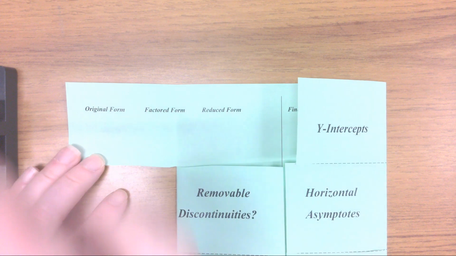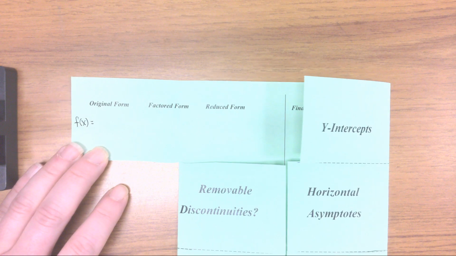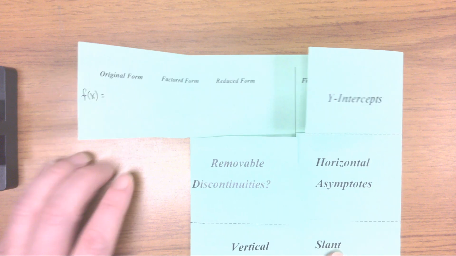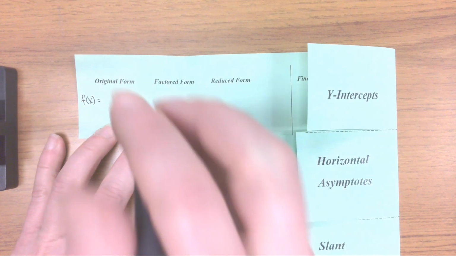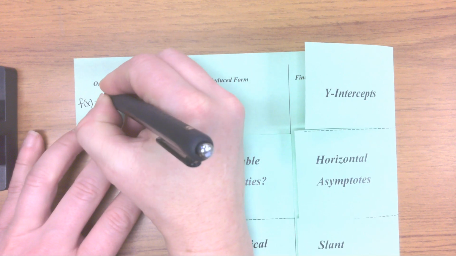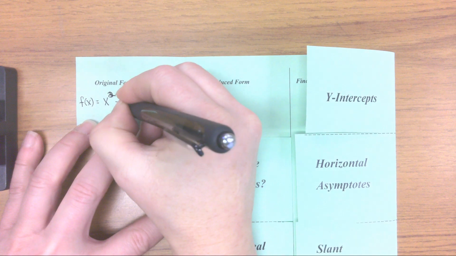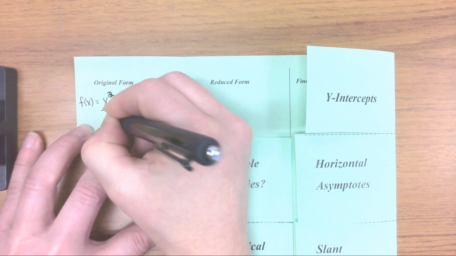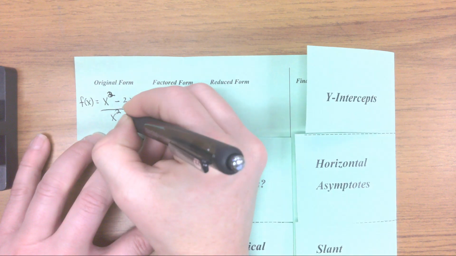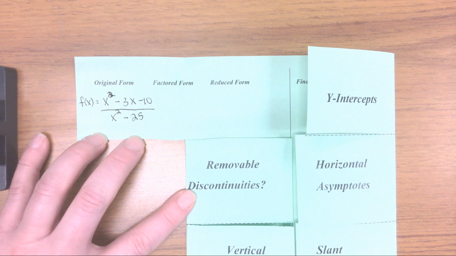So for our original form, under original form, we're going to write f of x equals x squared minus 3x minus 10 on the top, and on the bottom, x squared minus 25.